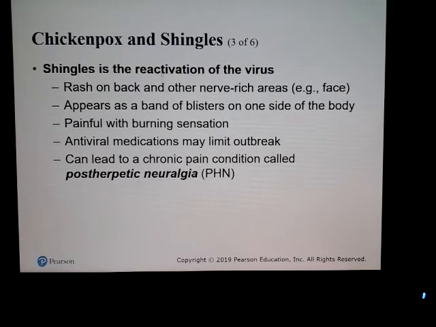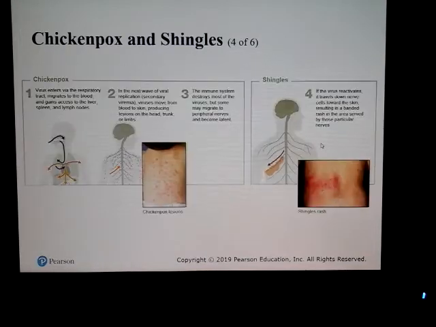It is usually one-sided, and it can cause a lot of pain. You can see a lot of blisters, etc. And there are a few antiviral medications that may limit the outbreak of this. So here's an example, guys, of what chickenpox looks like. That can go dormant.